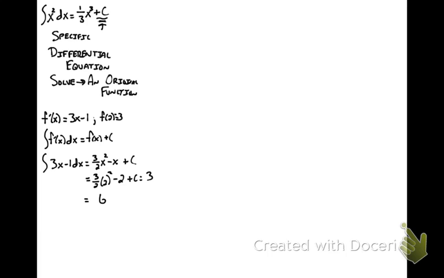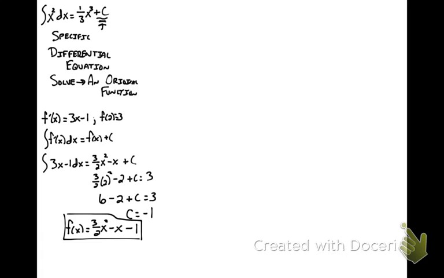So this will be 6 minus 2 plus c equals 3, and that means that c is equal to negative 1, which means the solution to my differential equation, or my original function, must be 3 halves x squared minus x minus 1. So by just knowing one point, I can actually figure out which function I'm working with.